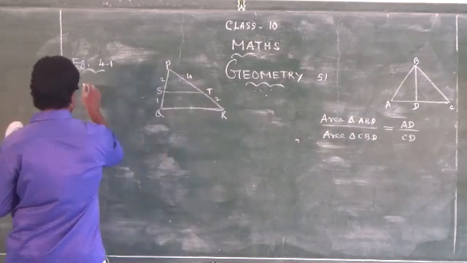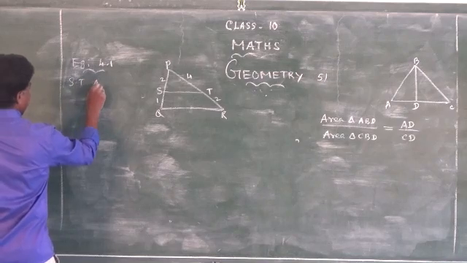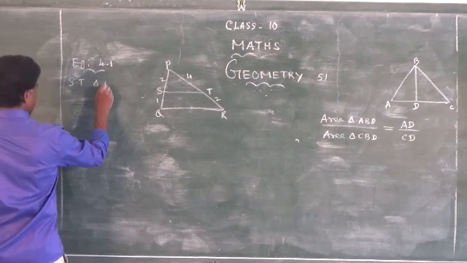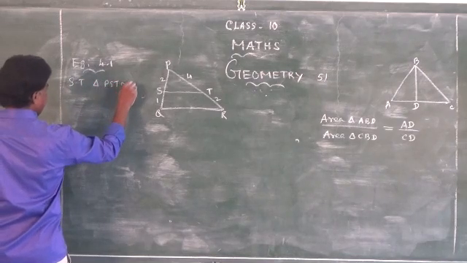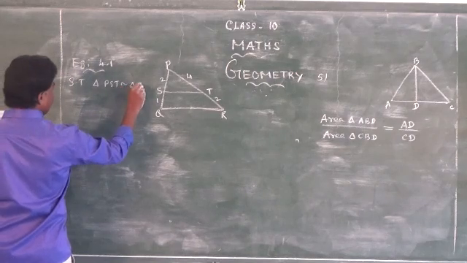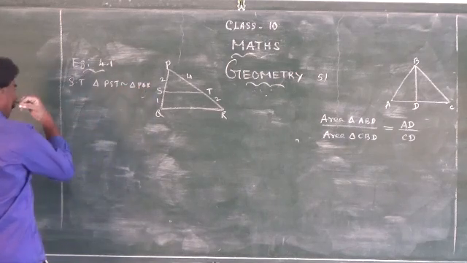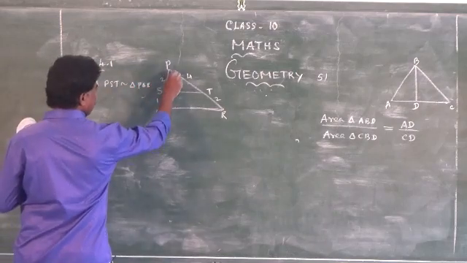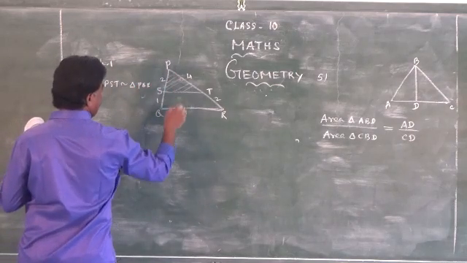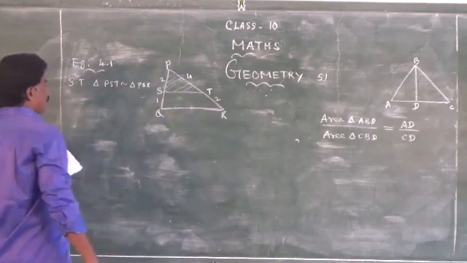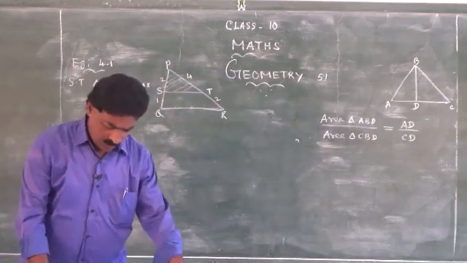You have to show that triangle PST is similar to triangle PQR. PST is this small triangle, and PQR means the whole triangle.